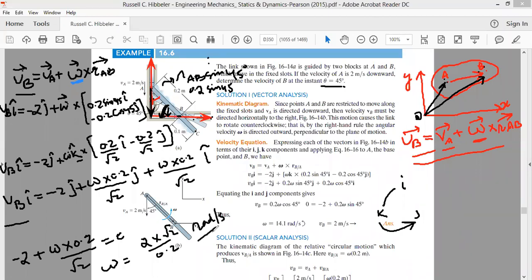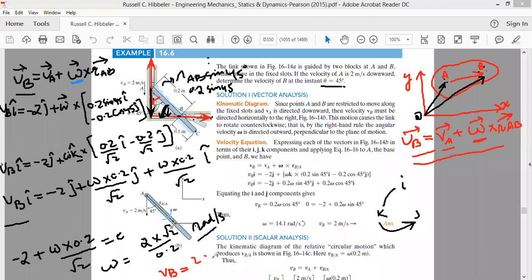Now, as far as the value of VB is concerned, balancing the i components, VB will become equal to omega.